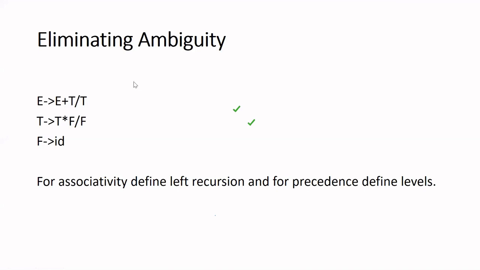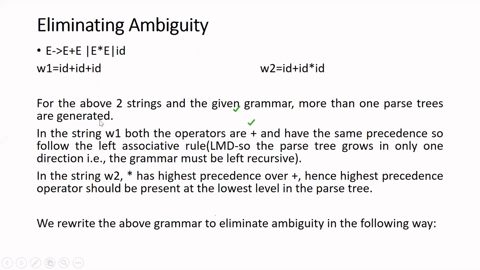Okay, so when you see this grammar, you can find that it does not have any ambiguity. To eliminate ambiguity, what you have done is used the concept of left recursion.